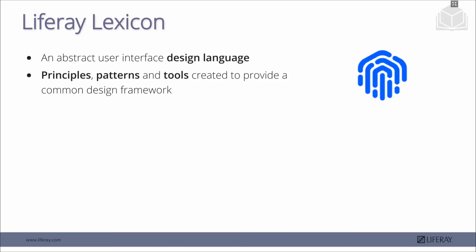Lexicon is more or less a design language. If you look within our documentation, we ourselves call it an experience language. The idea behind a design or an experience language is that within the specification, it basically defines what things should look like.